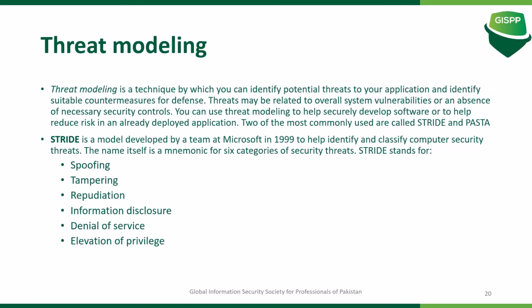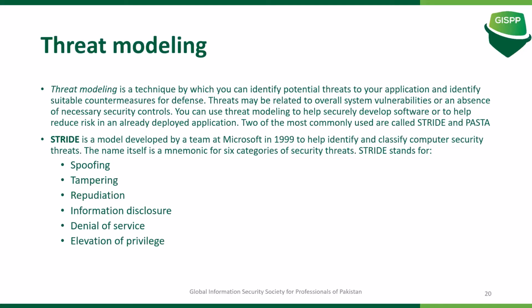All right, so STRIDE is a model developed by a team at Microsoft in 1999 to help identify and classify computer security threats. STRIDE is basically a mnemonic of 6 categories of security threats, right? These are the 6 security threats that make up STRIDE, by their first letter.